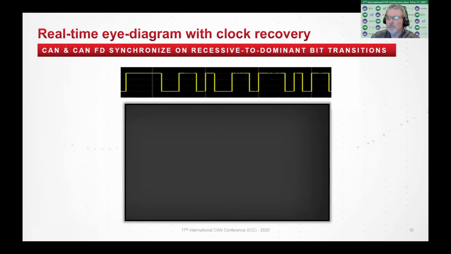Could be one frame, could be multiple frames. It then searches through and finds all the resynchronization points, which is the recessive to dominant bit transition, and identifies those resync points. Then it divides between those points bit times relative to the scope's time base.